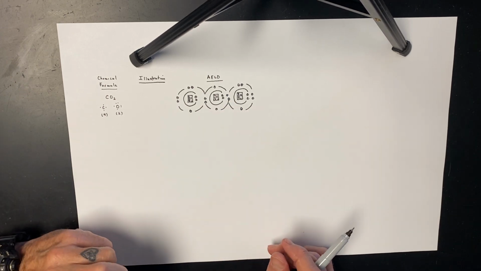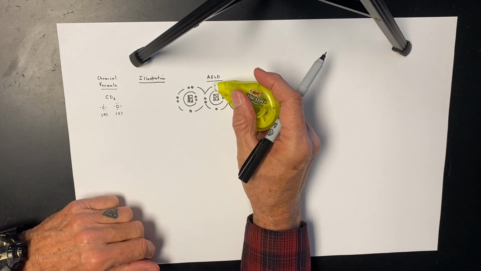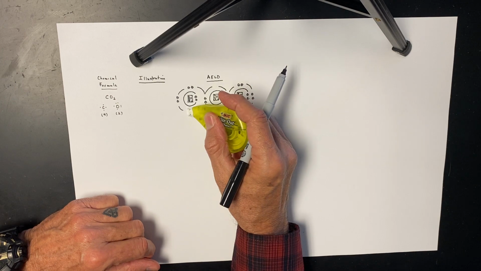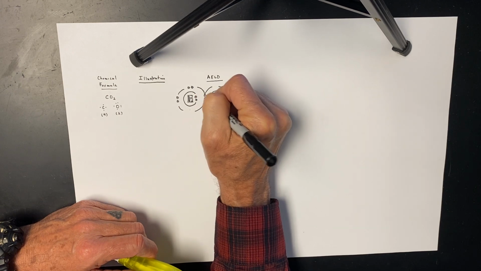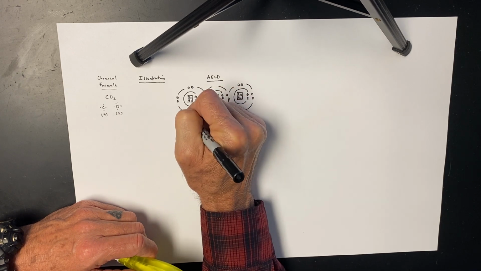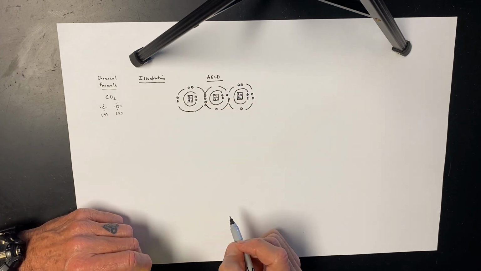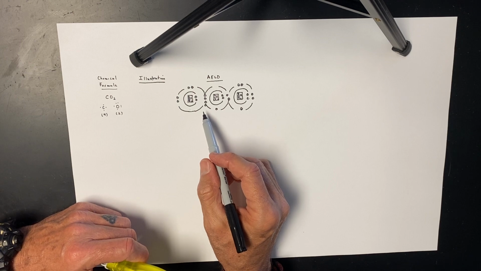Theory says that we're going to remedy that by forming a second shared pair of electrons. So we're going to move this electron and this electron to represent them as a shared pair right there. And in doing so, we've just formed a double covalent bond. Remember that each covalent bond involves 2 electrons.